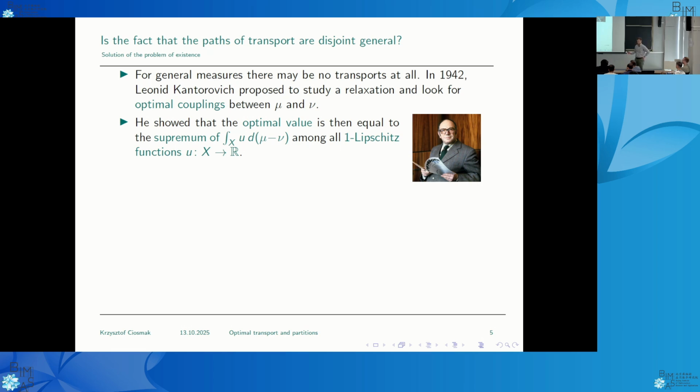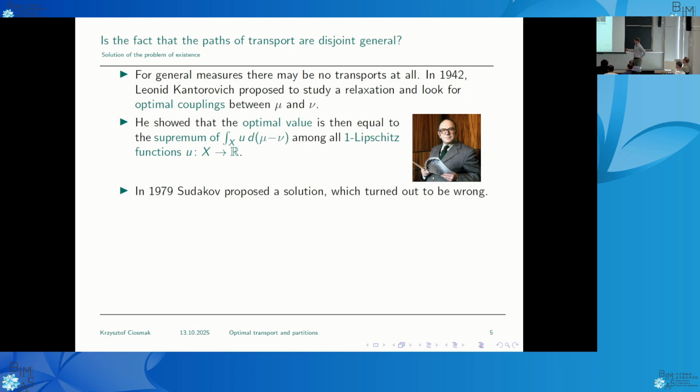The second thing he didn't do by himself. This was with Rubinstein, but for his contributions to optimal transport theory, he was awarded the Nobel Prize in economics in 1976, if I remember correctly.